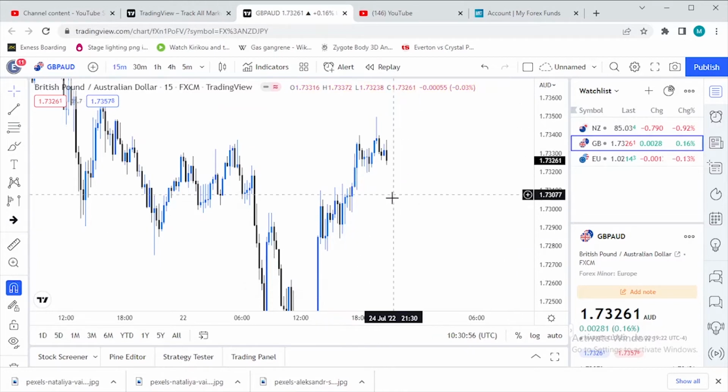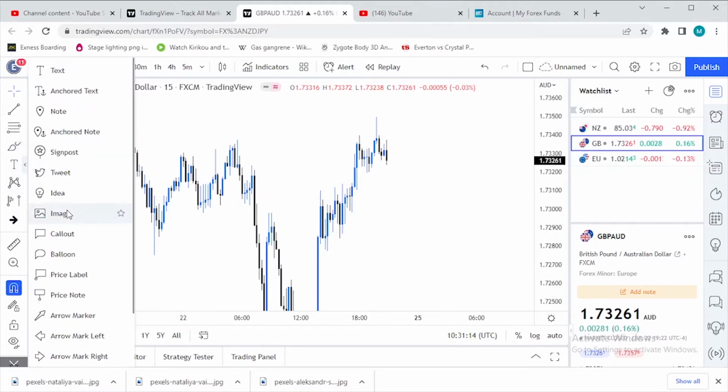So let's take an example with non-JPY pairs. Right here we have GBP AUD at 1.73261. So the very first four figures after the decimal are going to be of concern to us, 7326. Let's just say price drops from 7326.